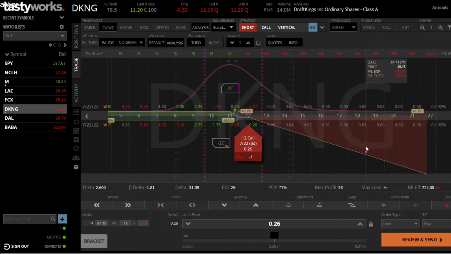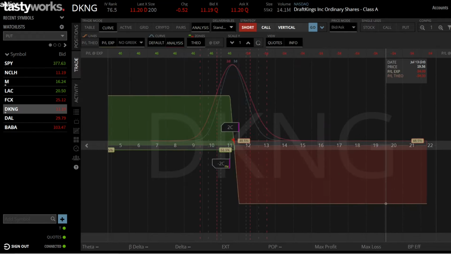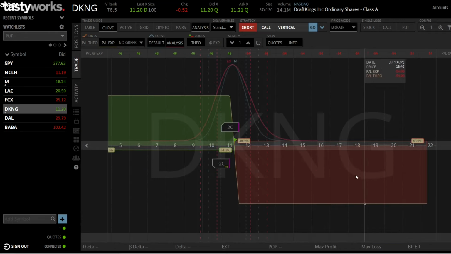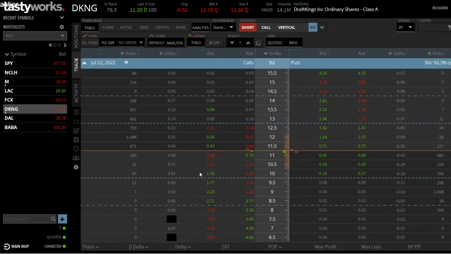So how do we do it? As we talk about credit spreads, it's a very easy way to do it. This is also how it looks when it's closed down, but I will clear it, and I'll go back to the table. Now look up here. We always want to short.